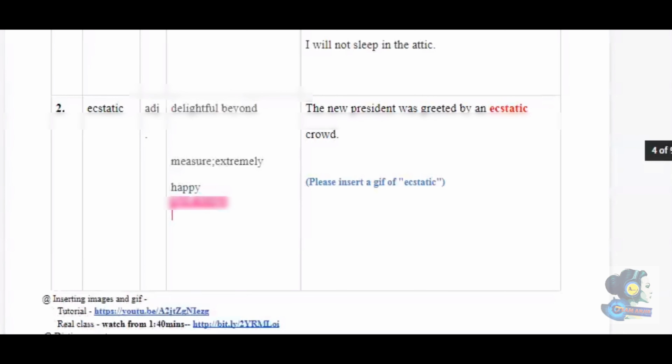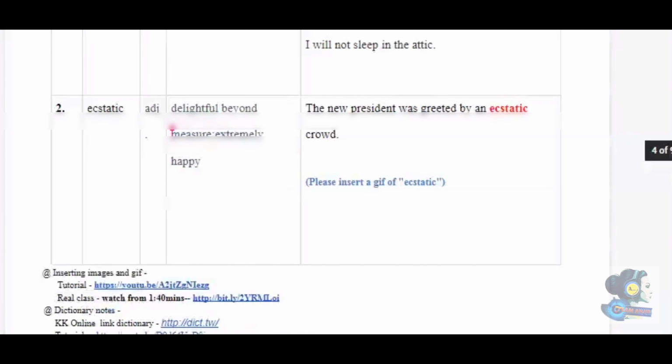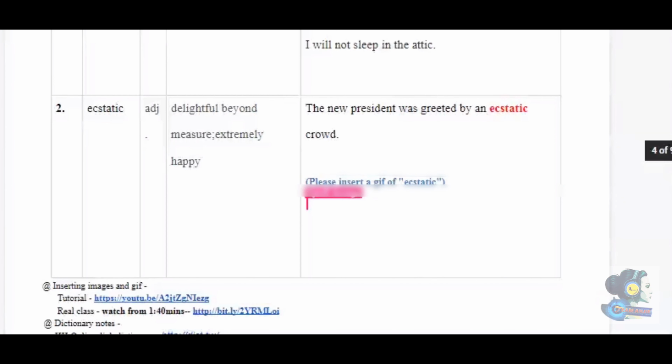Okay? Very happy. All right. Now, how about you? Do you feel ecstatic today? Okay, no. But can you remember when was the last time you felt ecstatic?